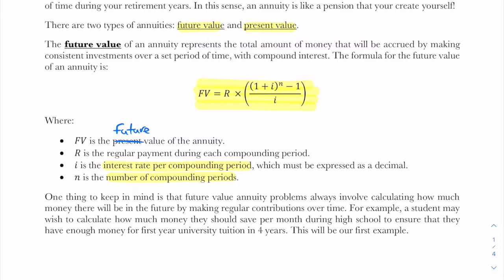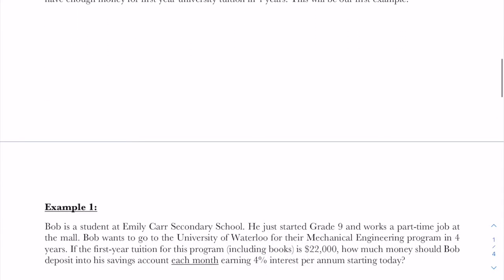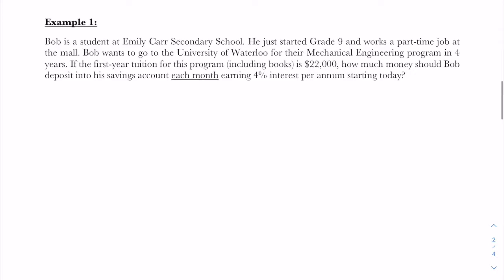For instance, a student may wish to determine how much money they should invest per month today in order to ensure that they have enough money for university tuition in 4 years. This is actually going to be our first example. Here we have a student at Emily Carr Secondary School who just started grade 9 and they work part-time.